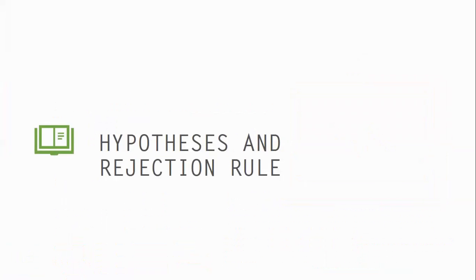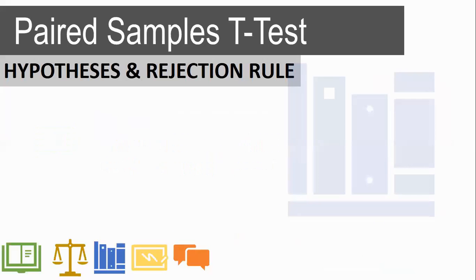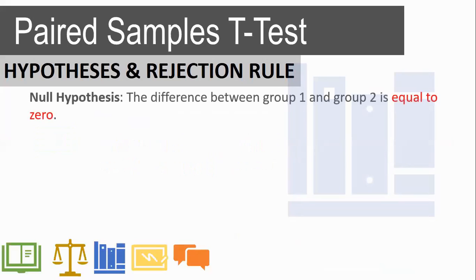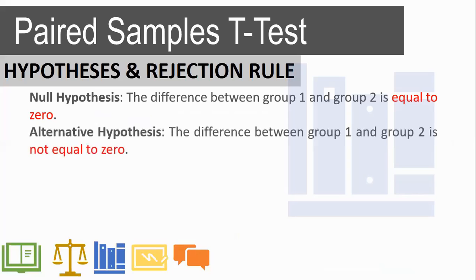Now, what are the hypotheses and rejection rule of the paired samples t-test? For the hypothesis, we have here the null. The difference between group 1 and group 2 is equal to 0. And the alternative hypothesis, the difference between group 1 and group 2 is not equal to 0.